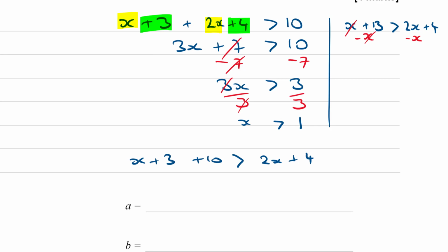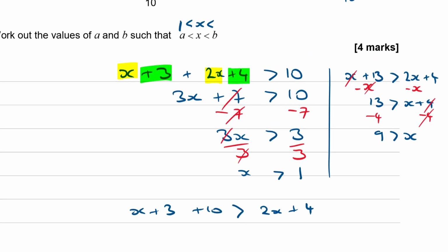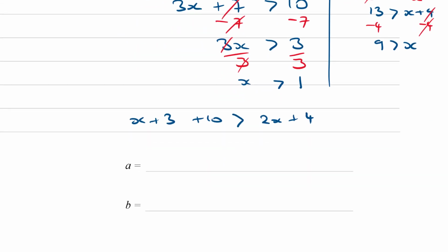That cancels with that, leaving me with 13 is greater than x plus 4, and then subtracting 4 from both sides, leaving me with 9 is greater than x. So x is less than 9, so that's got to be my b value, isn't it? So x has got to be bigger than 1 and less than 9. So a is 1, b is 9.